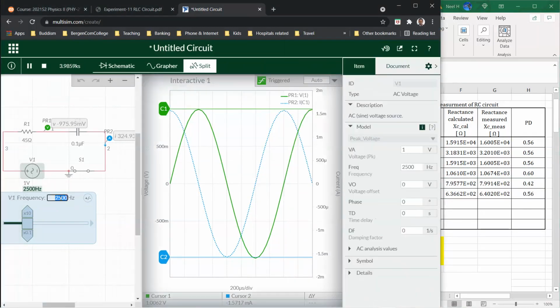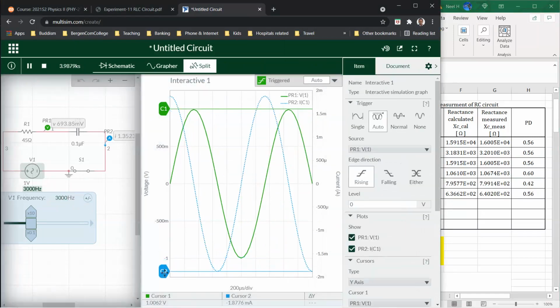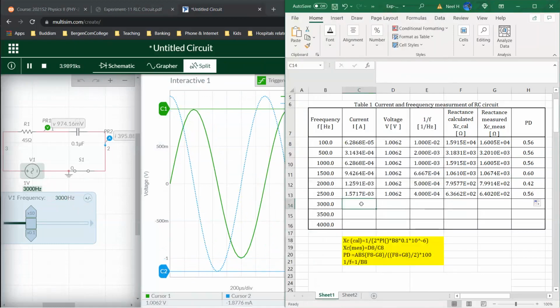Then we'll do 3000. Current is 0.0018776. Actually, all of these I can click and drag. Okay, looks good.